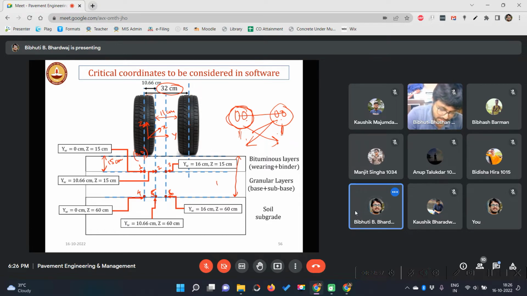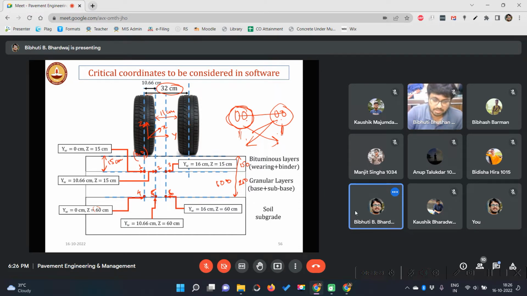This was 15 centimeter, 150 mm, this was 250 mm, right? 150 plus 200, 600 mm. So that's why in centimeter it will be 60 centimeter. So here is 60. So any doubt till now? Are you getting how the coordinates of these points are calculated? Yes, sir. Okay.